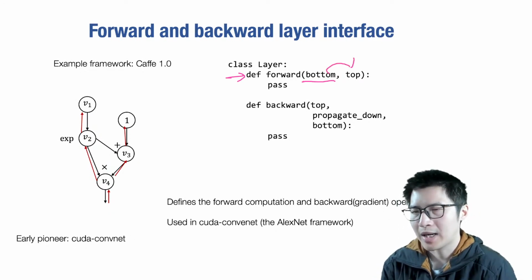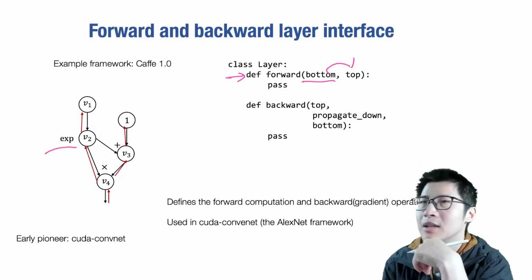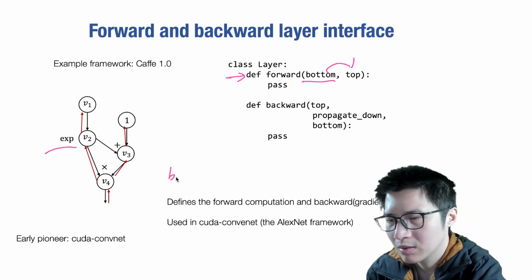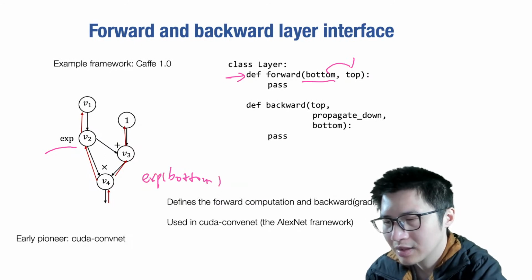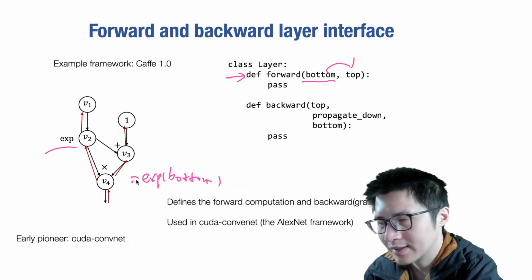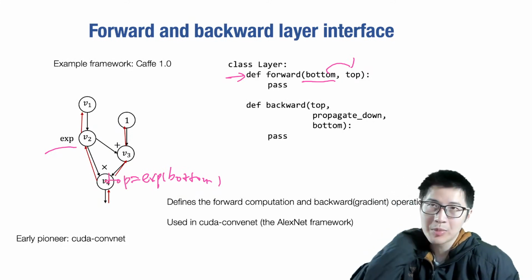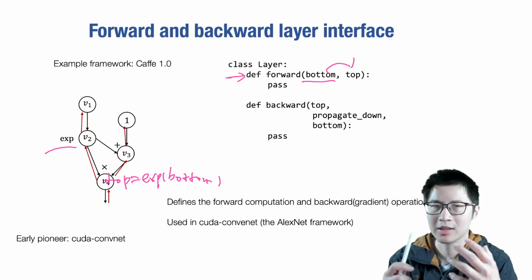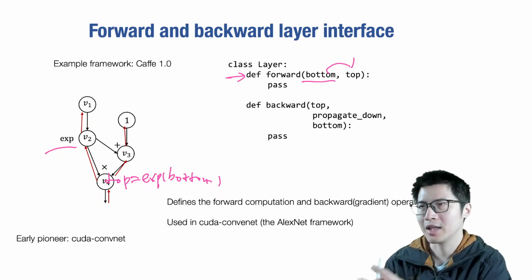For example, if my layer is an exponential layer on the left, what it does is compute the exponential of bottom, and we assign that to top here. In this case, both top and bottom have the memory already pre-allocated, so it effectively just runs a computation and copies the data onto the top.